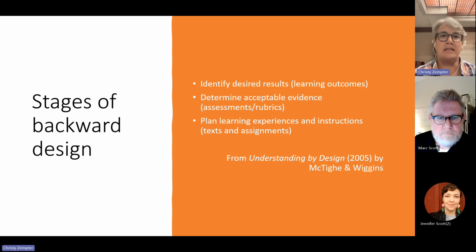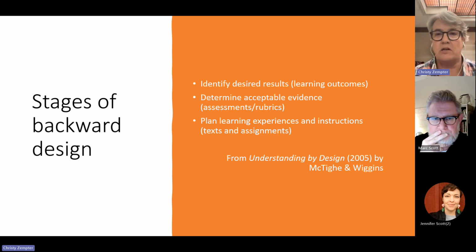And then the very last thing that we do in this backward design process is start thinking about what kind of experiences are we going to incorporate, what kind of texts are we going to incorporate into our curriculum.